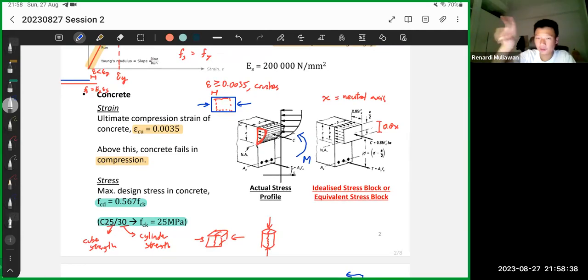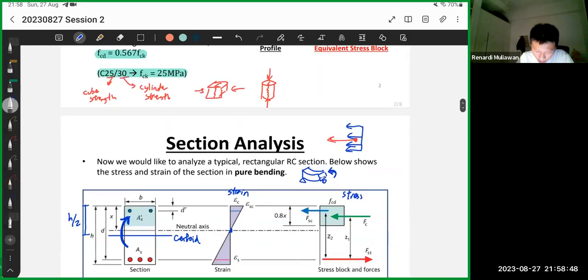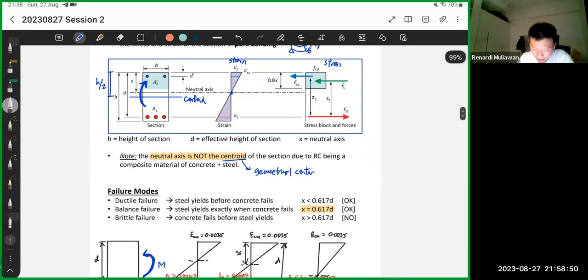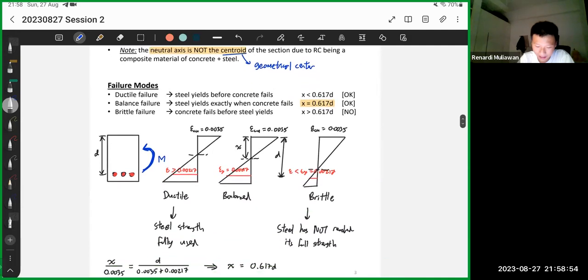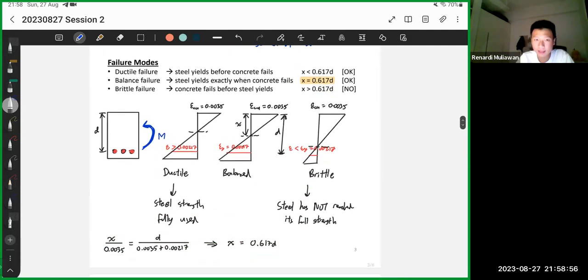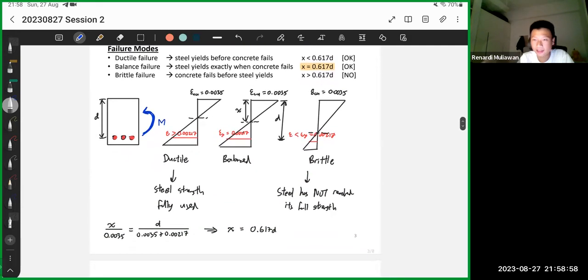We only take the 0.8x. Again, if x is the neutral axis, then the strength is just 0.8x. Then we covered all the stress and strain, and the cases, the failure modes. Again, similar triangles is very important in this topic, only when the steel has not yielded. If it has yielded, then you don't need to do all the similar triangles.